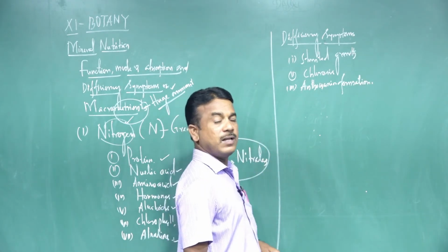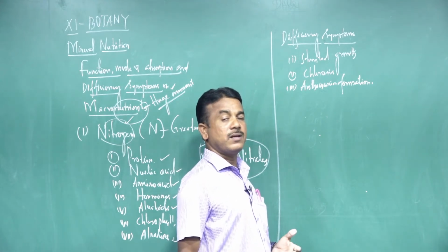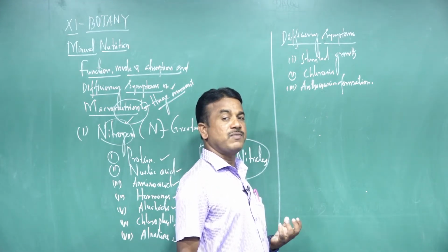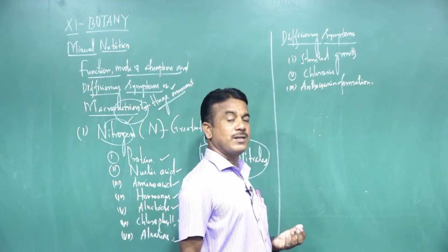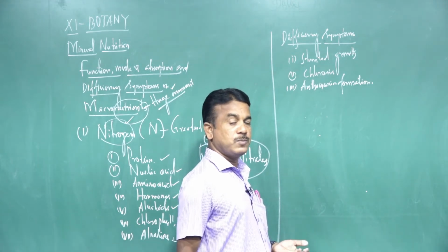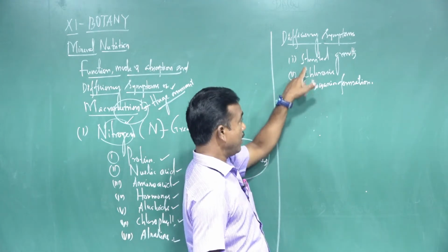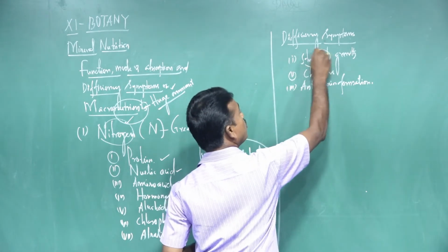What do we mean by stunted growth? If the plant has a deficiency of nitrogen, the plant does not attain normal growth. If it remains short, that is called stunted growth, also called retarded growth or reduced growth.